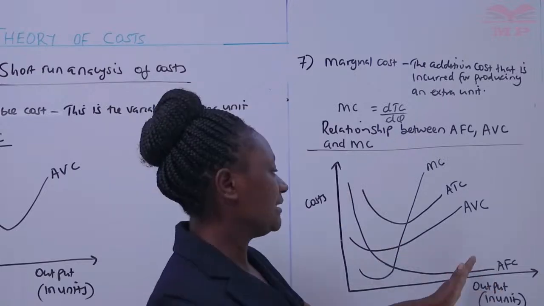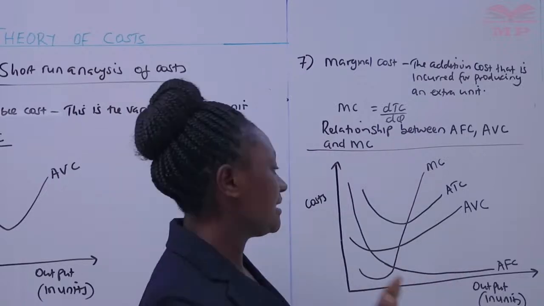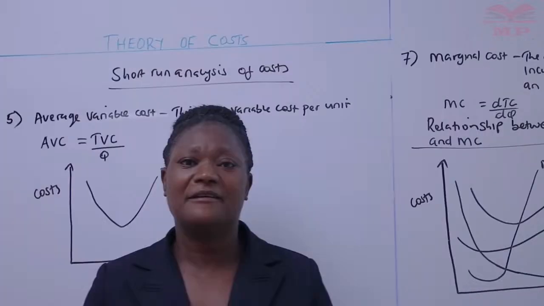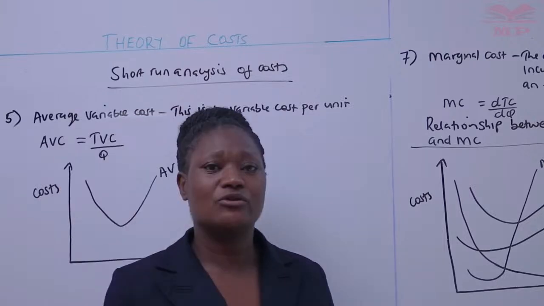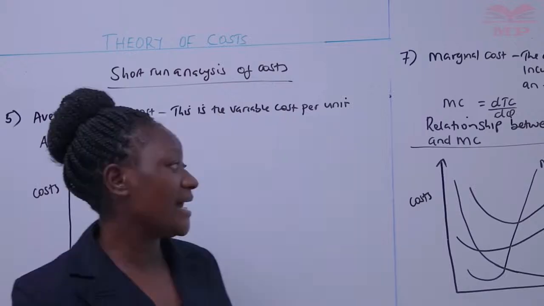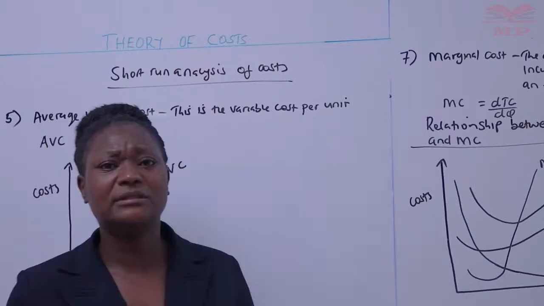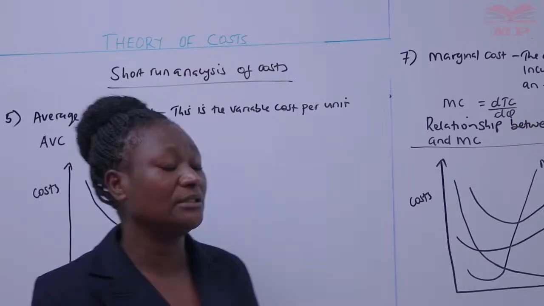So we say it is asymptotic, meaning it cannot touch or intersect with the axis. Be able to explain, be able to back up your explanation with the graphs required. And then we also have average cost. We mentioned average fixed cost, average variable cost.